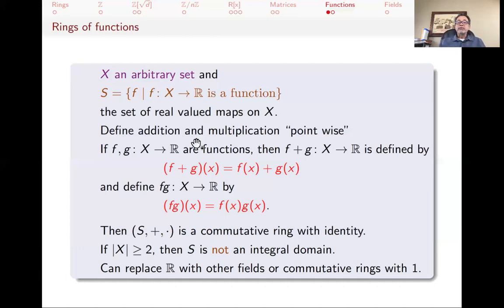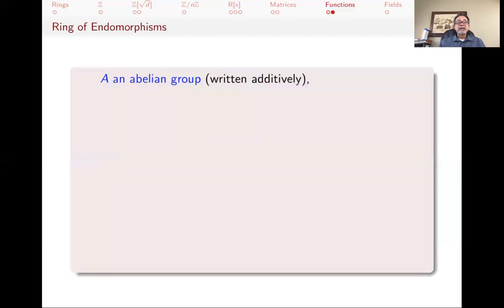Now I will give you another example of a ring of functions, but this will be a ring of endomorphisms. First, I want to remind you what an endomorphism is, since most of you probably don't remember. You start with an abelian group written additively. An abelian group has closure, associativity, a 0, negatives, and it's abelian, meaning that it's commutative.